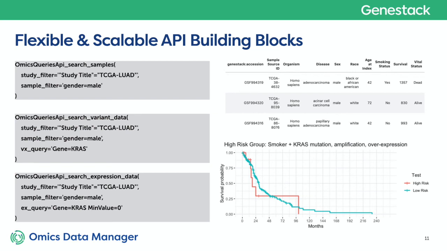It only takes a few API calls to quickly generate insights into how particular clinical and multi-omics biomarkers affect survival status. So in this case, as you can see, if you're a smoker, have a KRAS mutation, amplification, and overexpression, you are at a very high risk of lower survival.